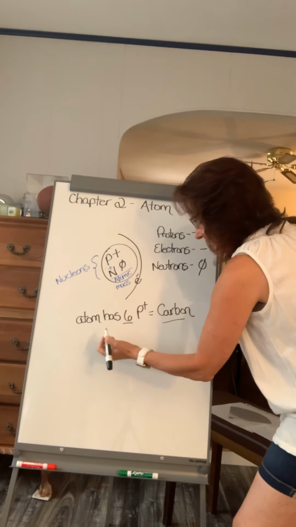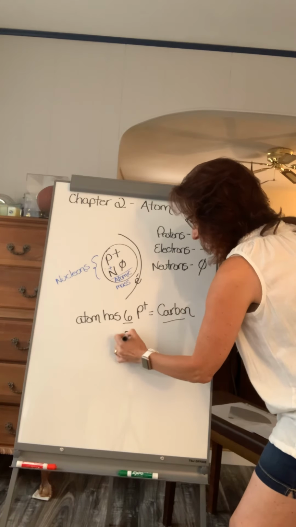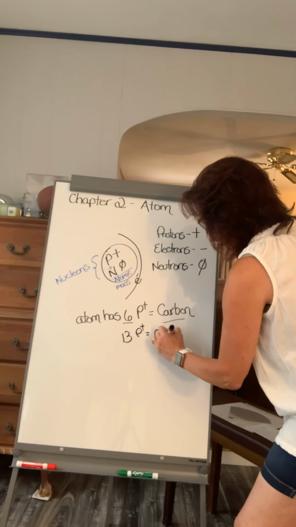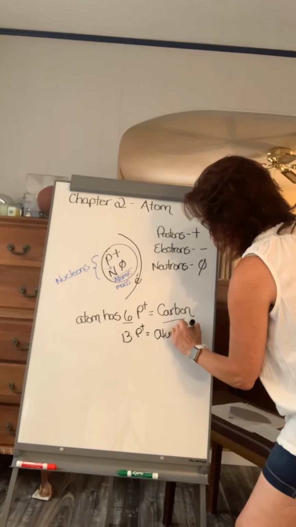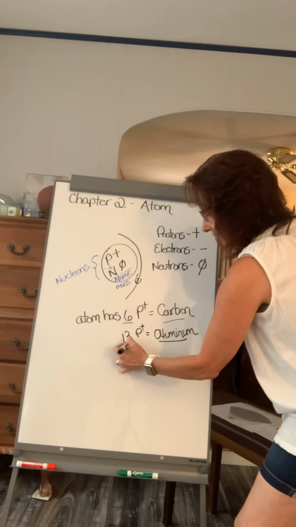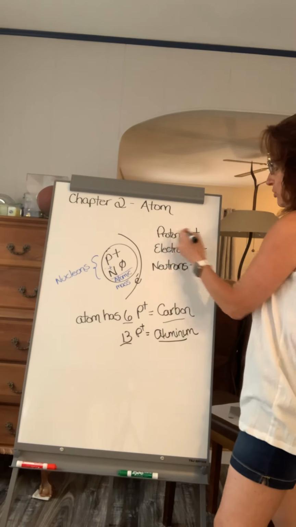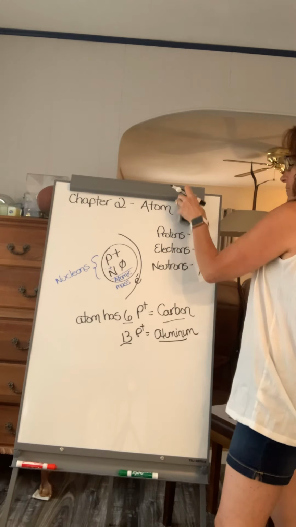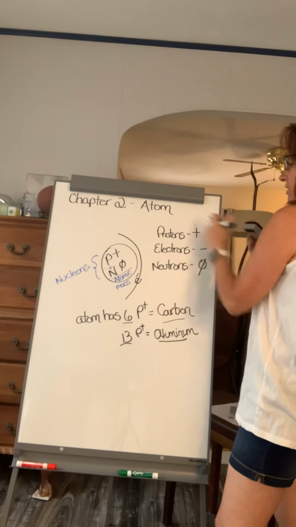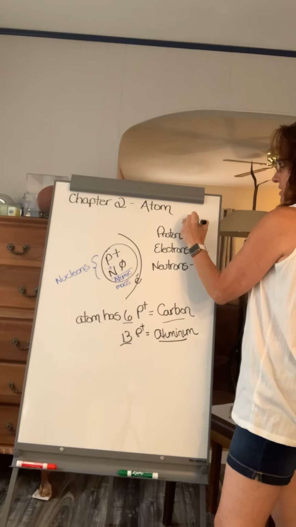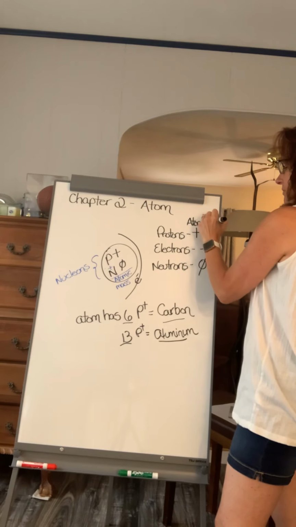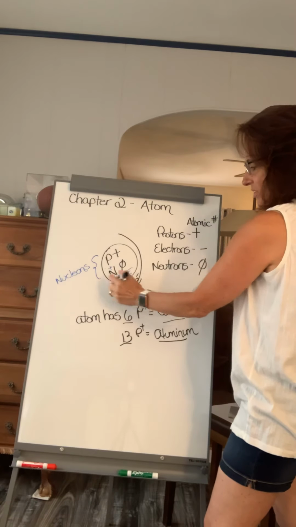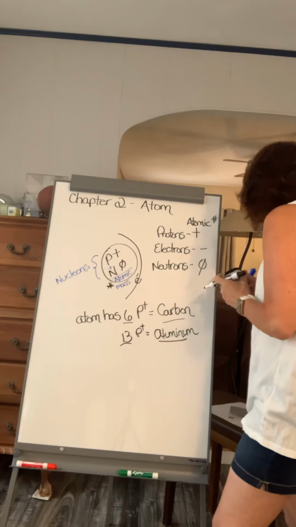If it had 13 protons, it's going to be aluminum. Why? Because atomic number 13 is aluminum. So the number of protons is the atomic number. Number of protons and neutrons is your atomic mass.